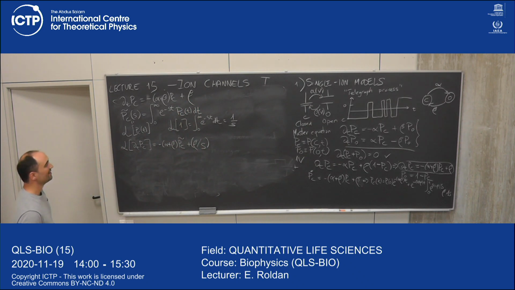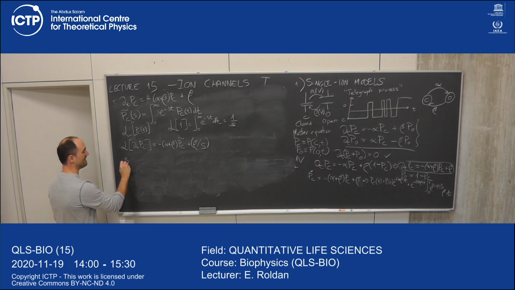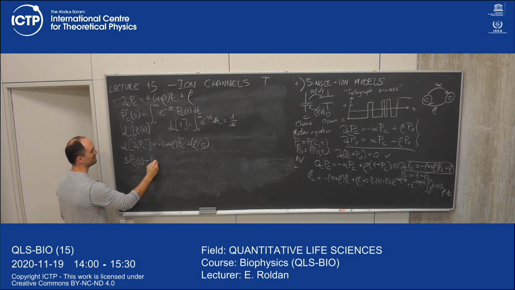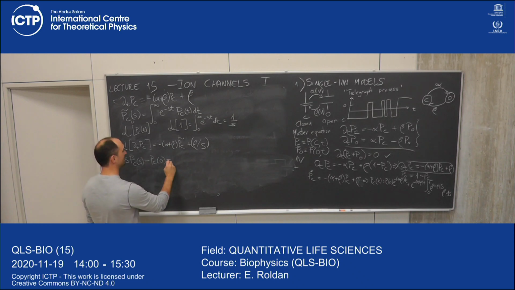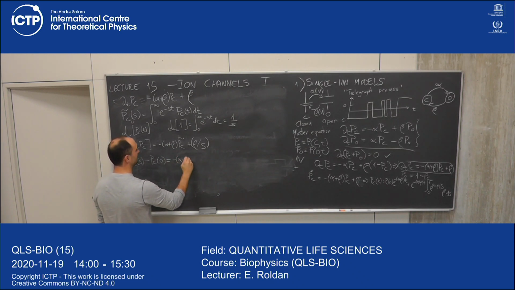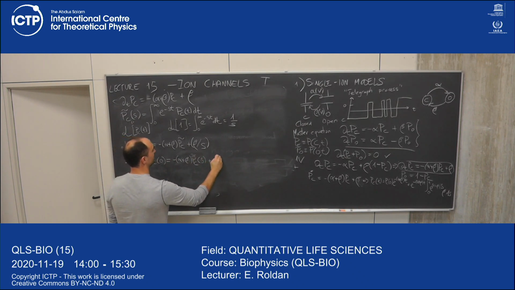And what is the Laplace Transform of the derivative of something? It's not so easy, but there is a theorem that tells you that this is s times the Laplace Transform of Pc, minus Pc at 0. This is a mathematical property. This is equal to minus (alpha plus beta) Pc(s) plus beta over s.